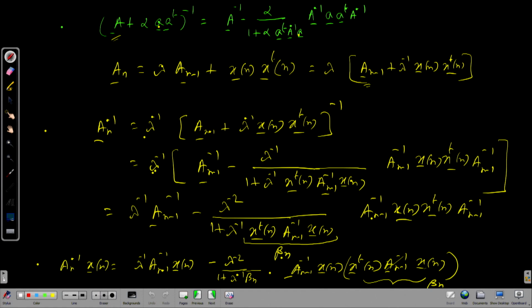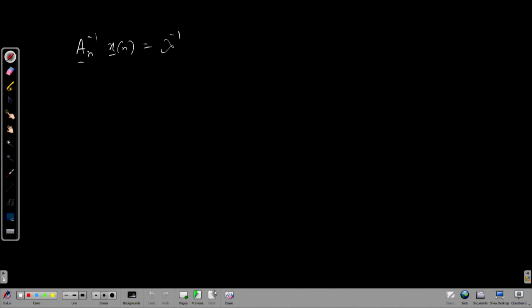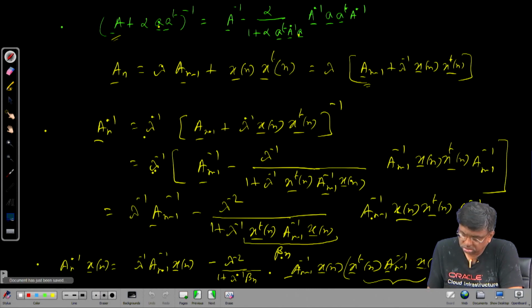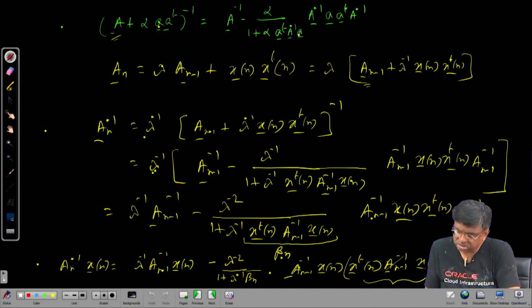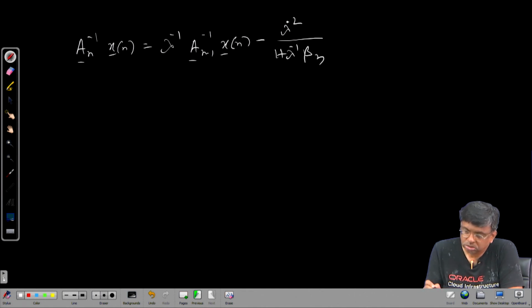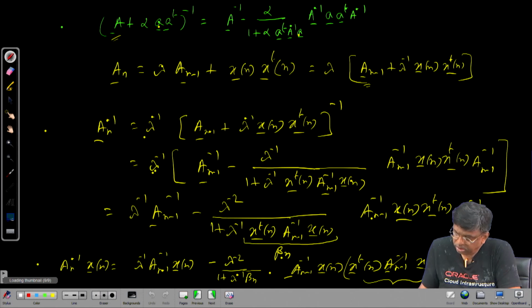So, it will be lambda inverse, then A n inverse x n minus lambda to the power minus 2 by 1 plus lambda inverse beta n, times this quantity.